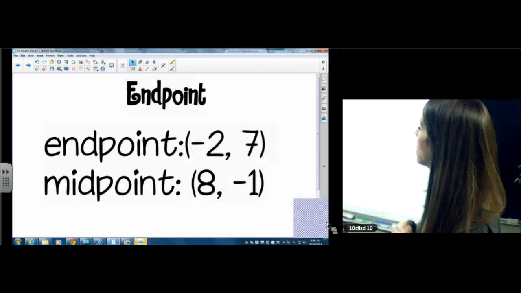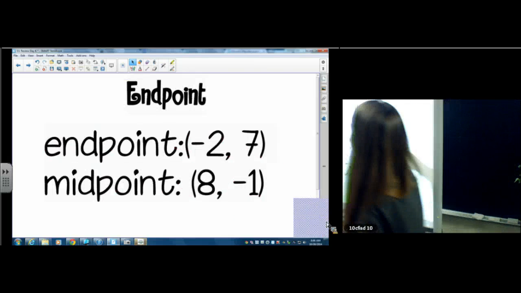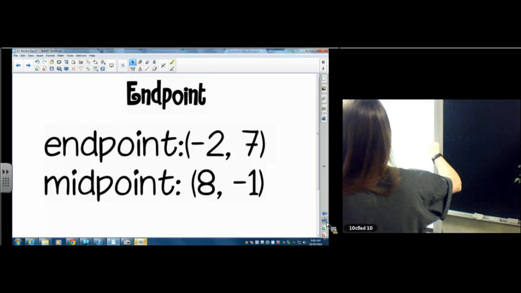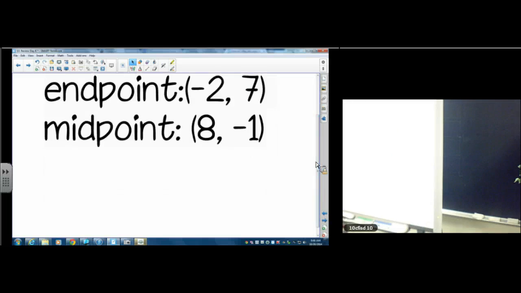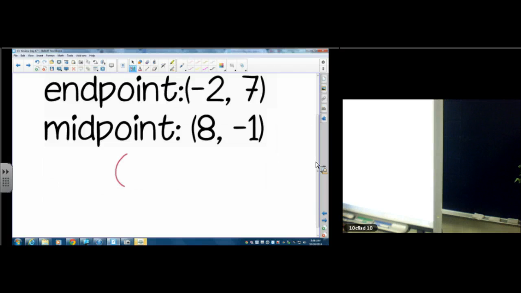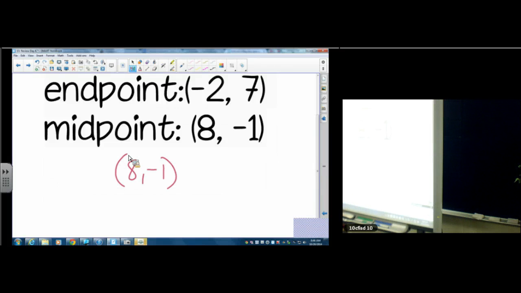So just keep in mind when you're given an endpoint formula that this is a leapfrog problem, but the only way you can mess this up is by not putting the midpoint in the middle. So make sure you're putting the midpoint in the middle. So we have that. We're going to deal with our x's first. From -2 to 8, that is plus 10.